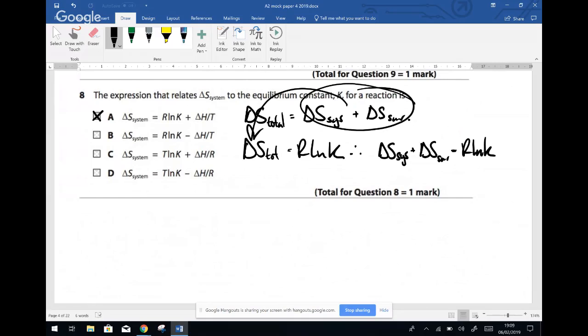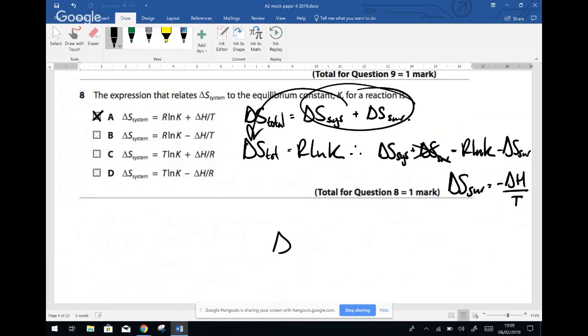Now I can move it across and get the system on its own, which is RlnK minus delta S surroundings, and delta S surroundings is minus delta H over T. So if you then end up subbing that in, I'm going to cross that one out.